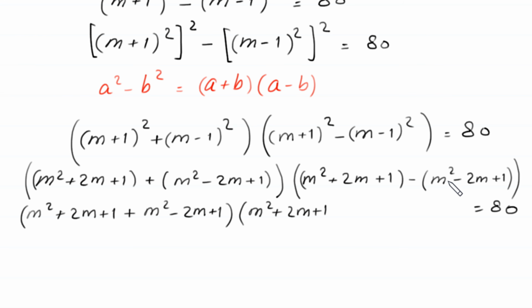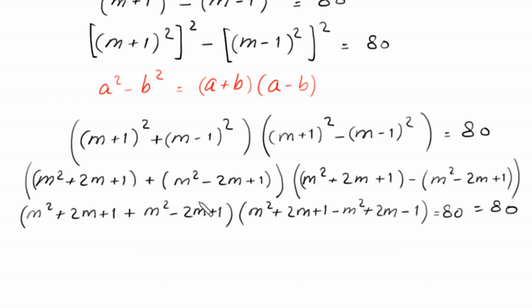This positive m squared will become negative m squared, and this negative 2m will become plus 2m, and this plus 1 will become negative 1, is equal to 80.